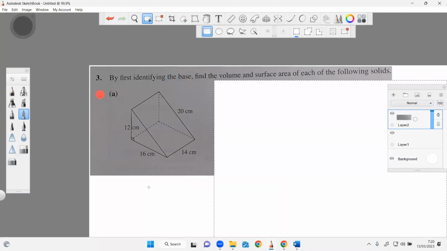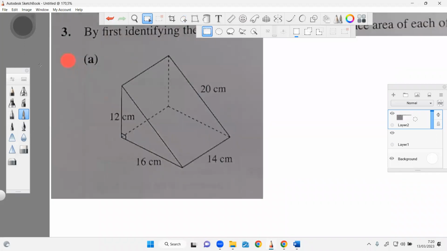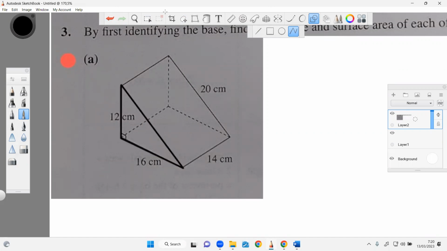For all prisms, you have to understand where is the base. What is the shape of the base? The triangle, right? This will be the base. Why? Because it is all the way through the height, and it's consistent. Why not on the bottom? Because it doesn't match the one on the top. Not this, not that.